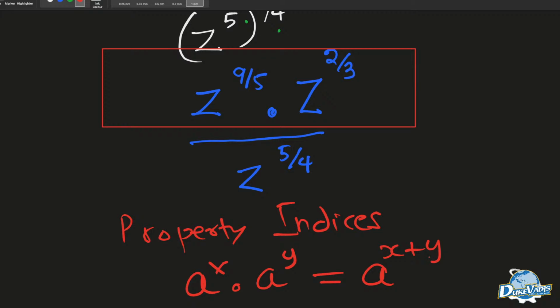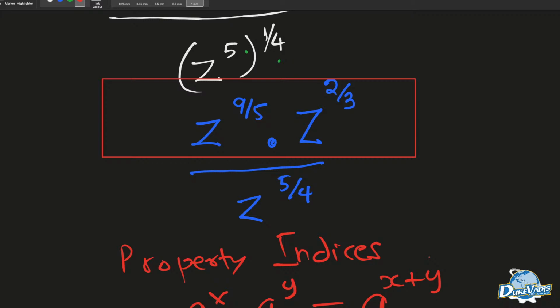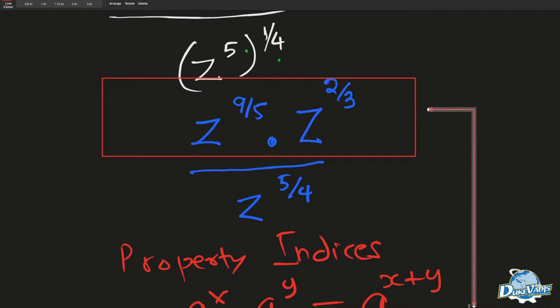If you look at this very carefully, you will see that we can apply the same to what we see over here. For the top, you see z raised to the power 9 over 5, and z raised to the power 2 over 3. It's multiplying each other. So when we apply this rule, we are almost at the solution.